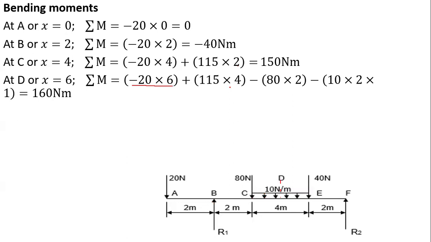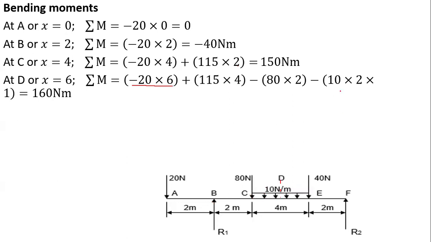Positive 115 by 4. Next, I have this UDL, which is 10 multiplied by 2. Oh, sorry, before I get to there, there's 80. So there's 80 times the distance here, which is 2.